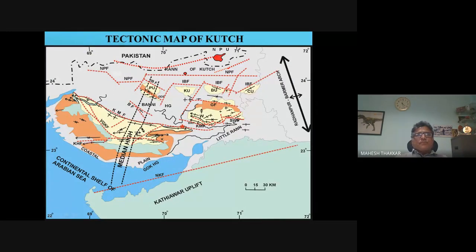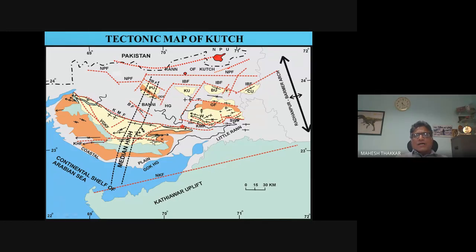So the North Kathiawar fault, Nagar Parker fault, and Island Belt fault. See, the Island Belt fault is divided into several pieces. It is dissected by the transverse fault systems. These transverse faults came into the picture not in the Pleistocene time, but right from the origin of all these secondary faults.